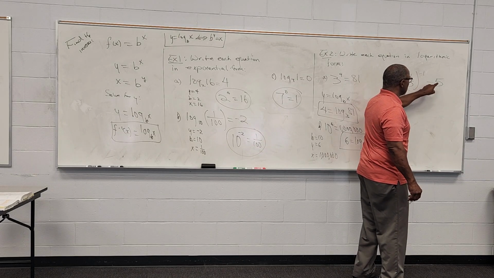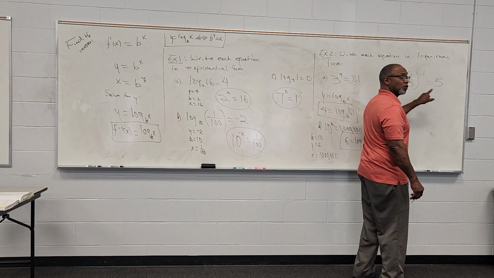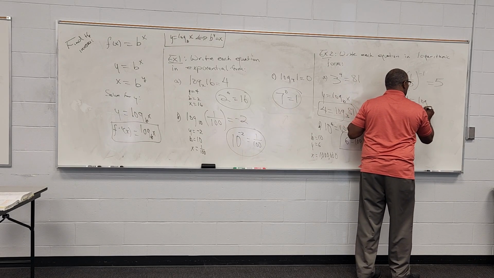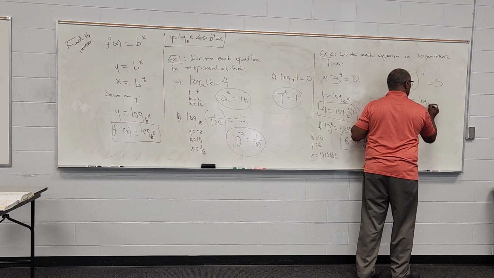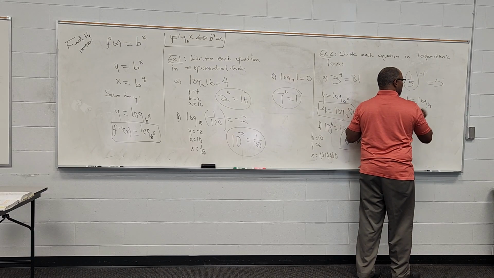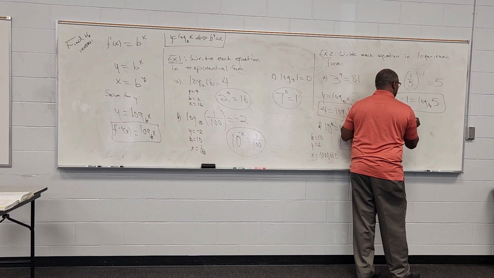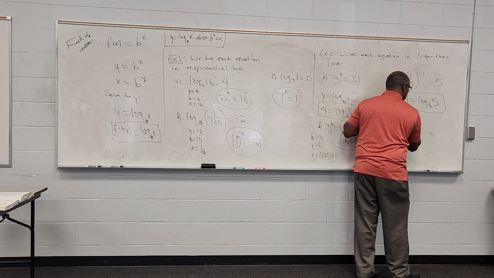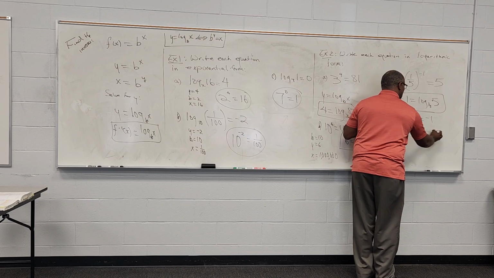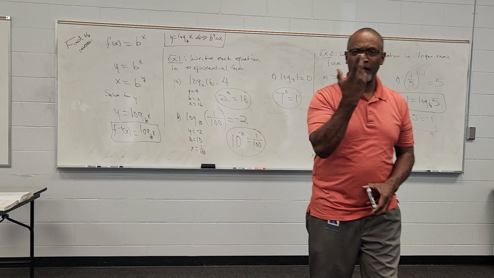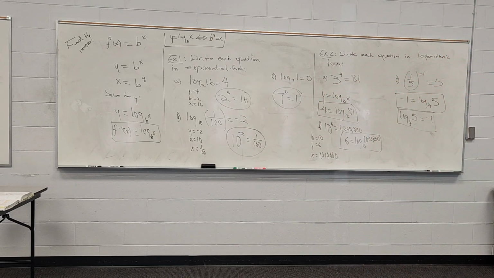B to the y equals x is equivalent to y equals log to the base b of x. So negative 1 equals log to the base 1/5 of 5. Now, it does not matter if you write this like this, or I could write it like this. It's equality. They mean the same thing. If one thing equals the other, it doesn't matter about the order that you write that in. That's the exact same statement. So don't get caught up in that.